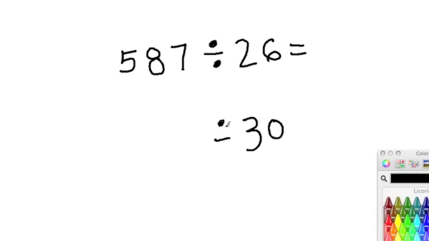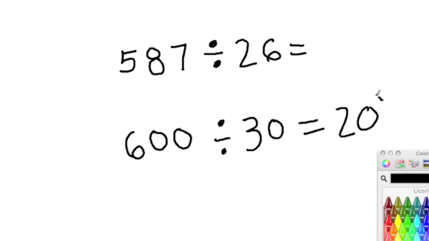Now, what is a number, and most of you can see just looking at it, you can take a quick guess here, what's a number that's close to 587 that 30 would go into evenly? Now, one jumps to my mind right away, and that is 600. And you can see how 587 is really close to 600. So then we divide 30 into 600, and what are we left with?